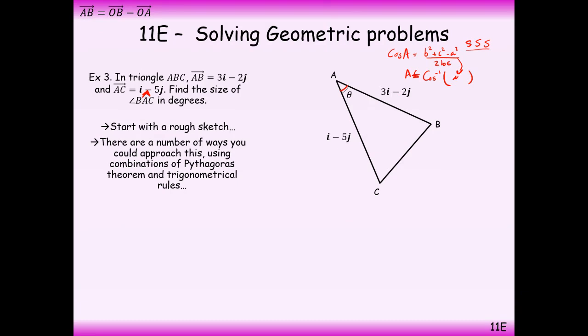What I'm trying to say is that we can use Pythagoras to figure out the magnitude of these two vectors, but we still need to figure out what this vector B to C is, and then use Pythagoras to figure out the magnitude of B to C after we've found what the vector is. So now A to B is that vector there.